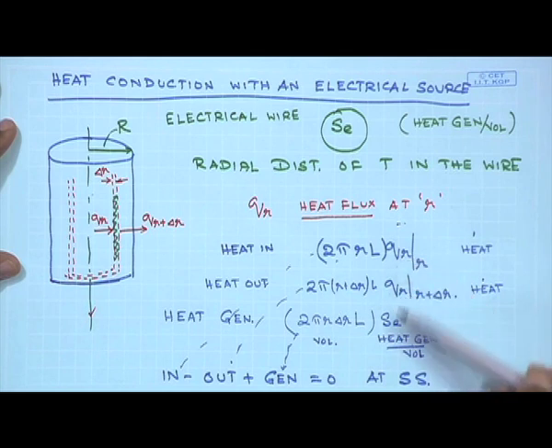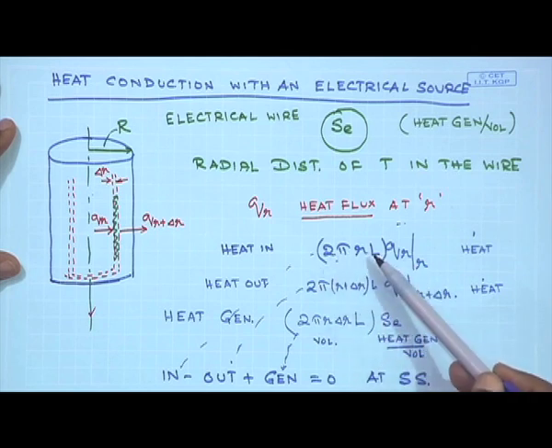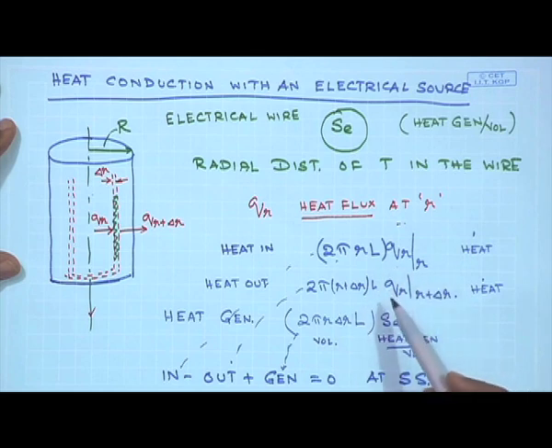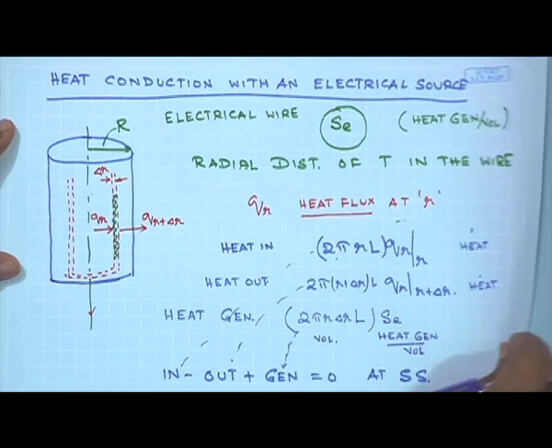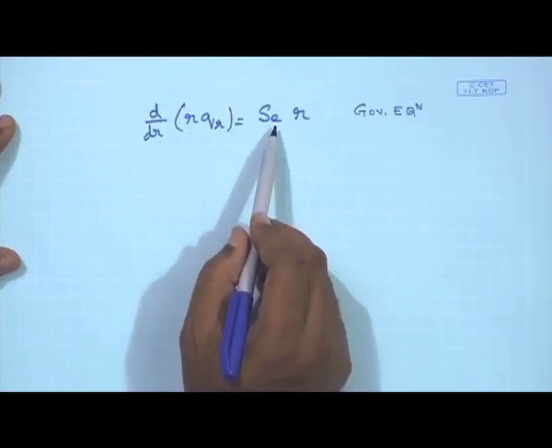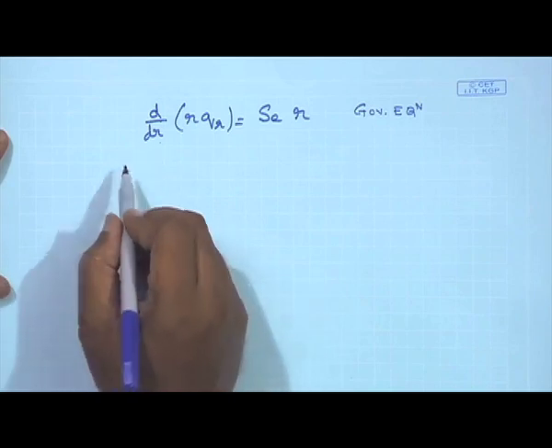So in minus out plus generation equals 0, cancel the terms, cancel 2 pi L etc., and divide both sides by delta R, which would simply give you the final expression as d/dR of R Q R minus S E R is equal to 0.